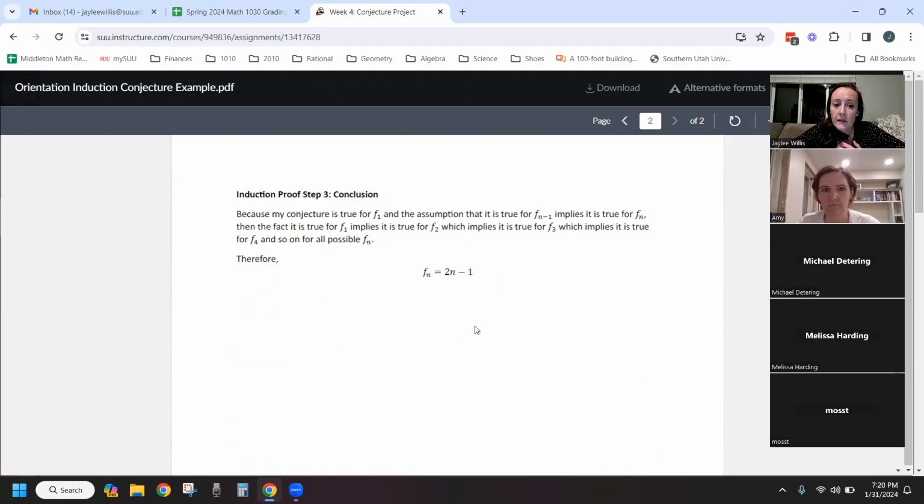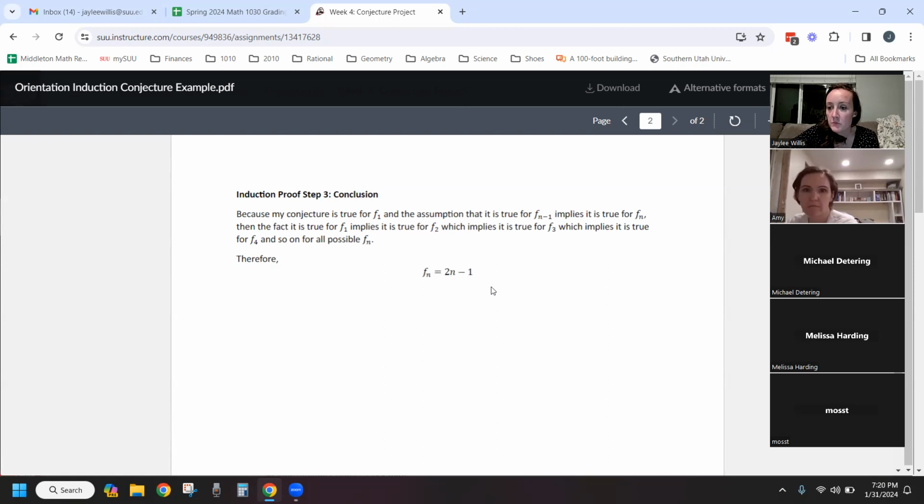The conclusion basically summarizes the domino effect idea. The way I word it, and you're welcome to word the conclusion in a different way, is that it's describing the domino effect. I said, because my conjecture is true for the first term, and the assumption that it is true for the previous term implies that it's true for the current term, then the fact that it's true for the first term implies it's true for the second term, which implies it's true for the third, which implies it's true for the fourth, and so on for every single possible term.